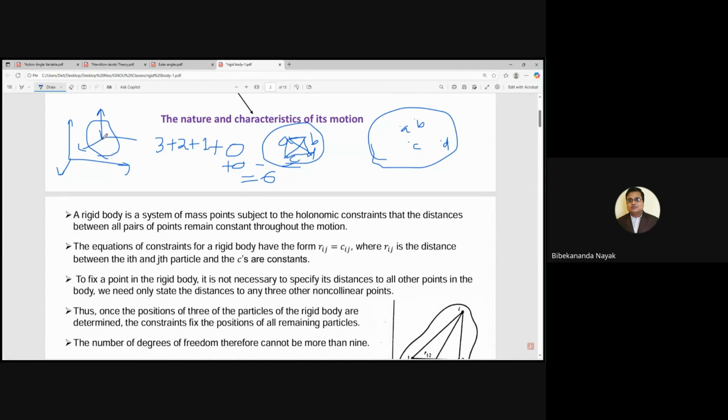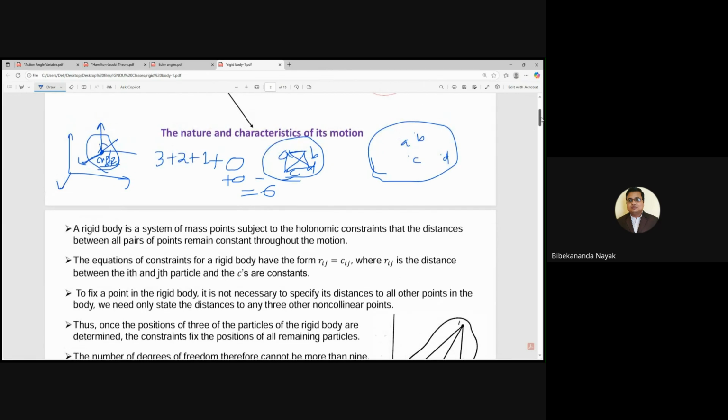If we define the position of the origin of the body set of axes, it needs three coordinates x, y, z, and according to this the body is rotating about this origin, so three angles alpha, beta, gamma, or phi, theta, psi in Euler angles. So these can be treated as six coordinates for the rigid body. Three are the coordinates of the origin of the body set of axes, the other three are angles. We will discuss all this in this unit and in this block.